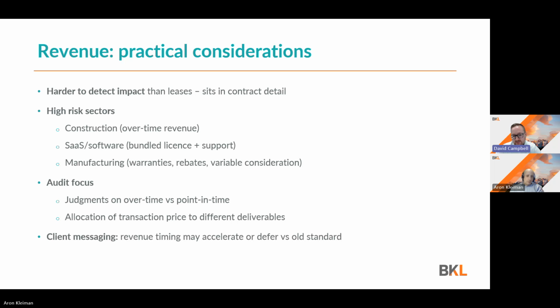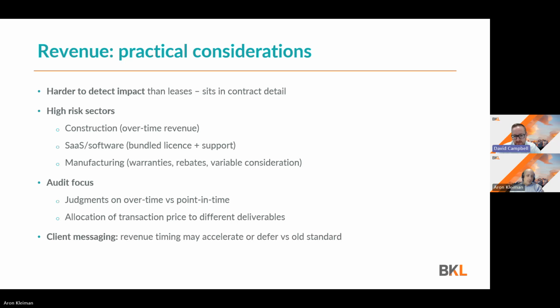And then allocating that transaction price to the different deliverables, there's an element of judgment in that. I mentioned if it isn't clear in the contract, having to arrive at standalone selling value of services and things such as that. There's just more judgment required.